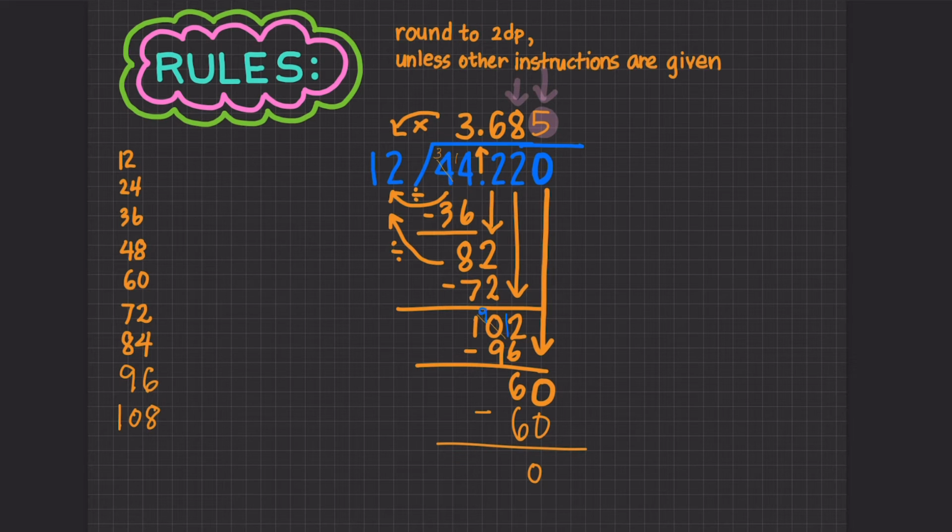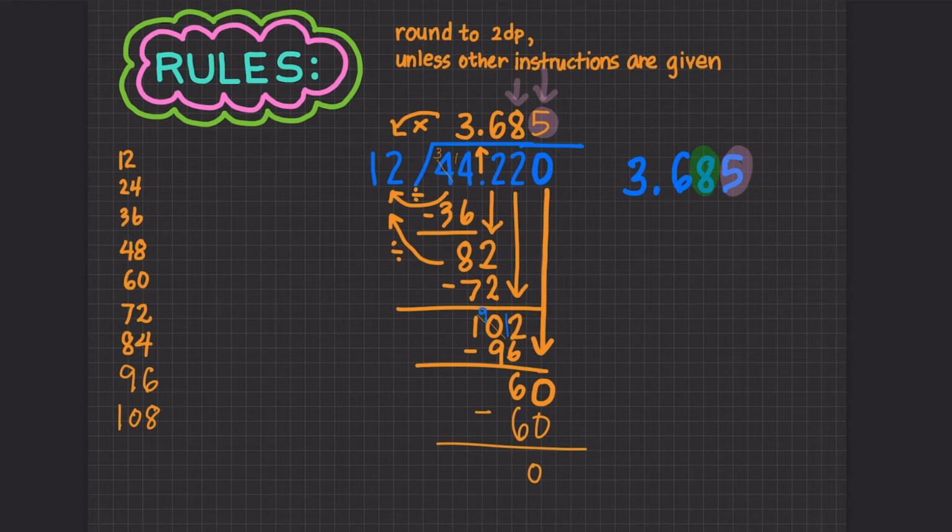So we need to round to 2 decimal places. Let's look at this answer, the quotient: 3 and 685 thousandths. We want to round to this place value, so we need to look at the next digit.